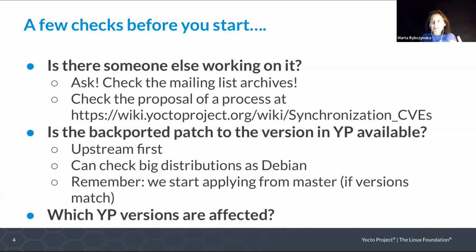The third important thing that you need to know is which Yocto project versions are affected by that issue. Is it only in master? Is it Kirkstone and Dunfell? And then you apply your strategy when you know that.